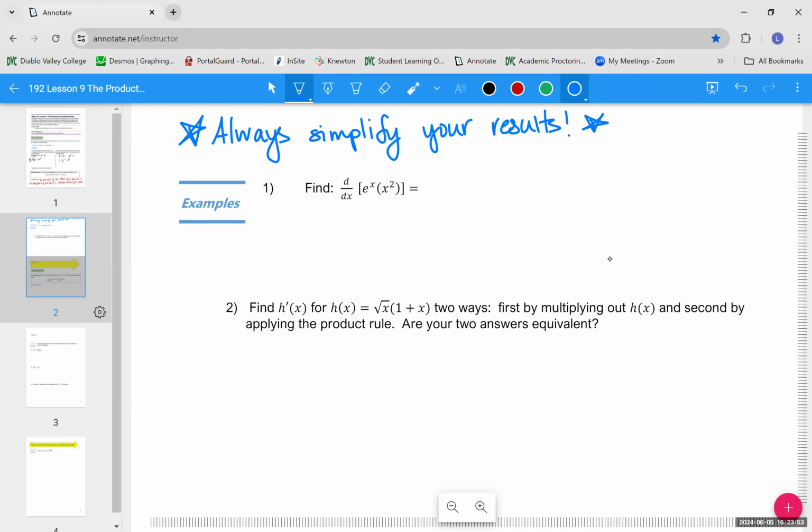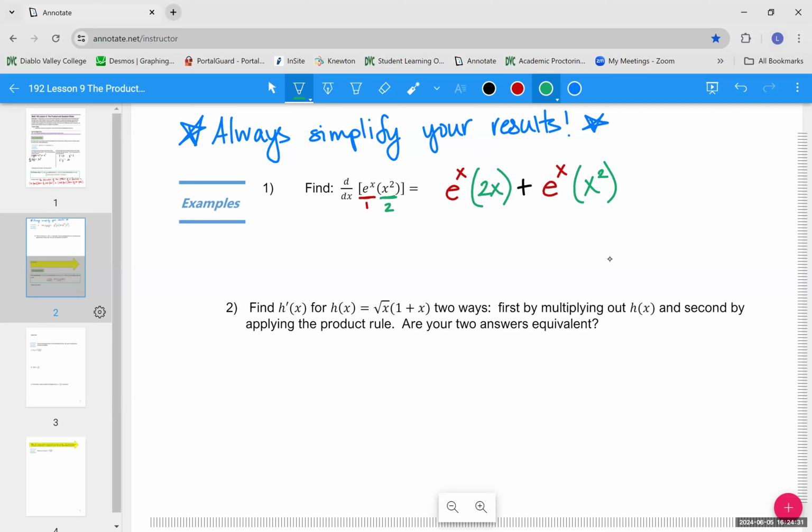So let's look at an example here. The first one, we're going to find the derivative of e to the x times x squared. So we have function number 1 and function number 2. The product rule tells us that that derivative will be function number 1 times the derivative of function number 2 plus the derivative of function 1, which is still just e to the x, times function 2.